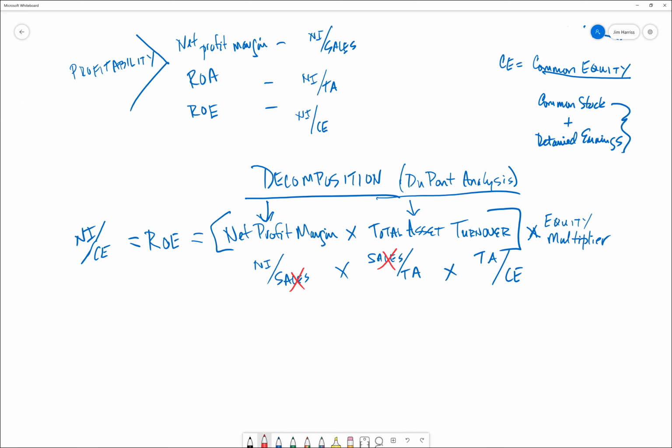And again, what happens when you take out the common terms? You end up with what you started with. Okay, so this part of the equation is ROA, and if you multiply it by the equity multiplier, you get ROE.